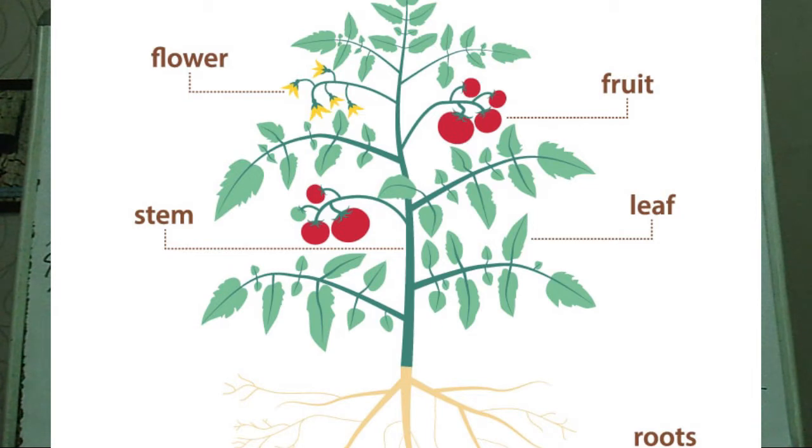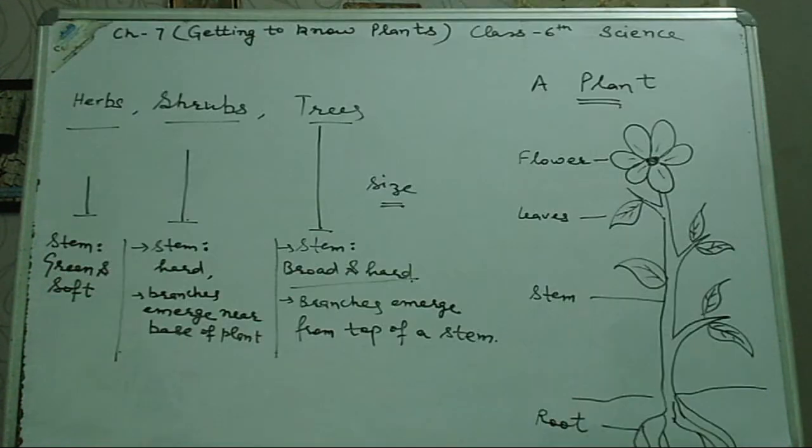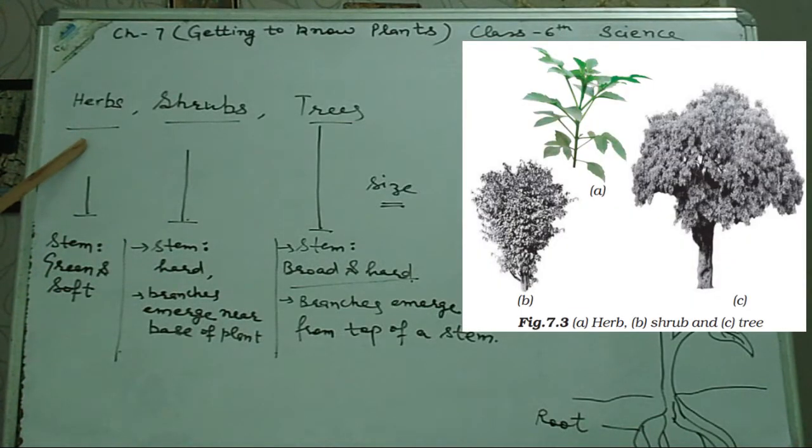Plants are categorized into three categories. One is herbs, then shrubs, then trees. Herbs are very small in size, very small in height.